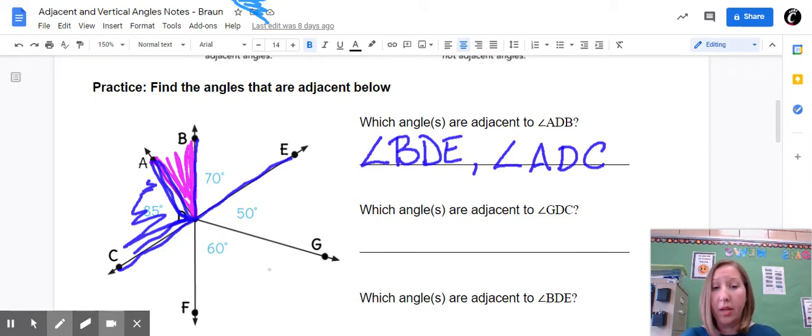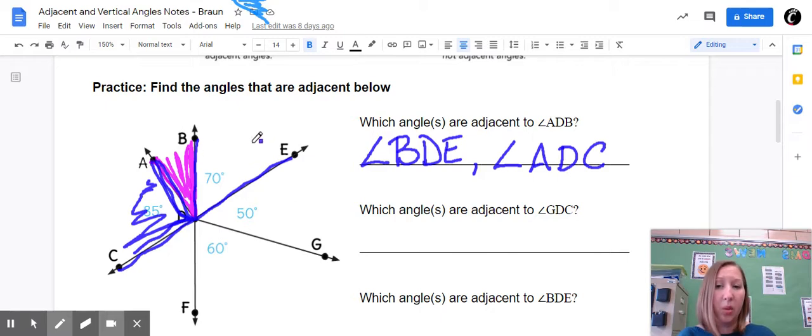We could choose some other ones as well. We could look at this a little bit bigger instead of just looking at ADE. We could open that up and look at BDG or BDF or even BDC. Those would all be adjacent angles as well.